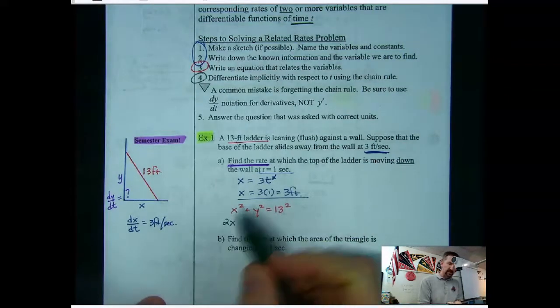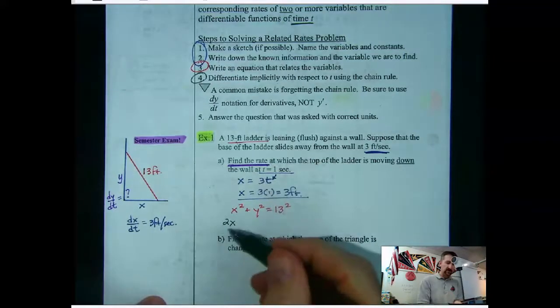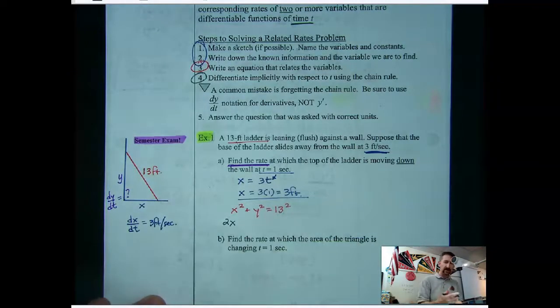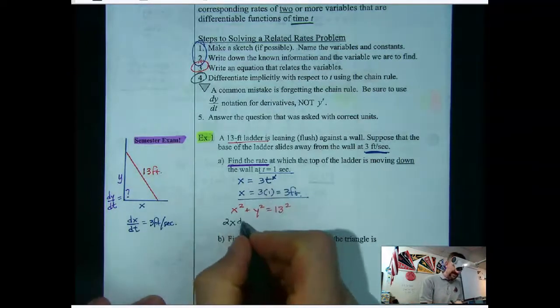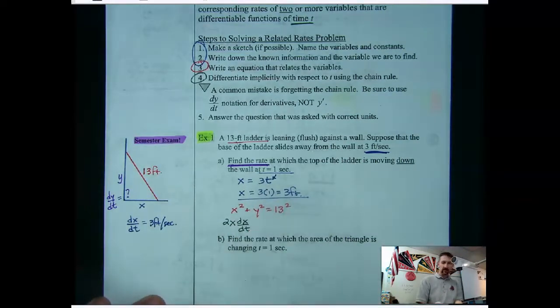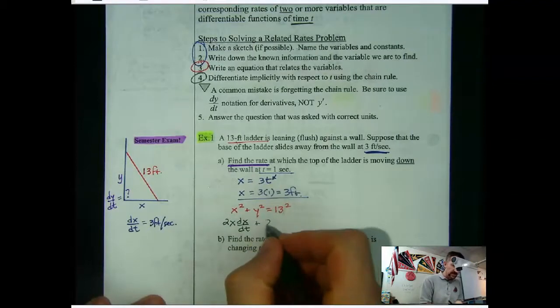Up until today, we always took the derivative with respect to x, dy dx. Now in this lesson, we're taking the derivative with respect to time. So it's going to be dx dt. We are going to get a derivative right there, whereas before we always had dx dx right there, and that was 1. So now we have to be particularly careful about that.